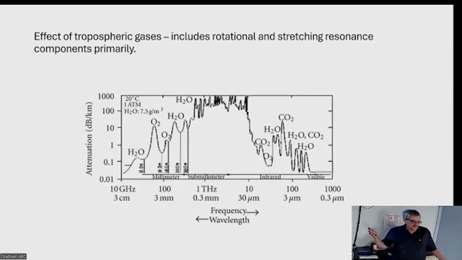I wasn't complete without talking about the effect of gases on the spectrum as well. Fortunately, this gives you a picture of the atmosphere in a very broad sense in terms of the opacity, how transparent the atmosphere is for transmitting different wavelengths.